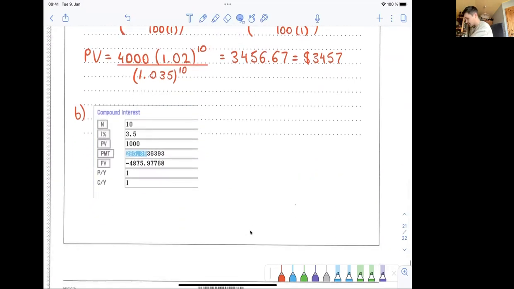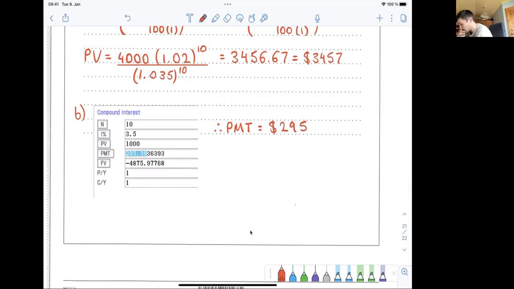Okay, there we go. And so therefore the payment is equal to $295 rounded to the nearest dollar.